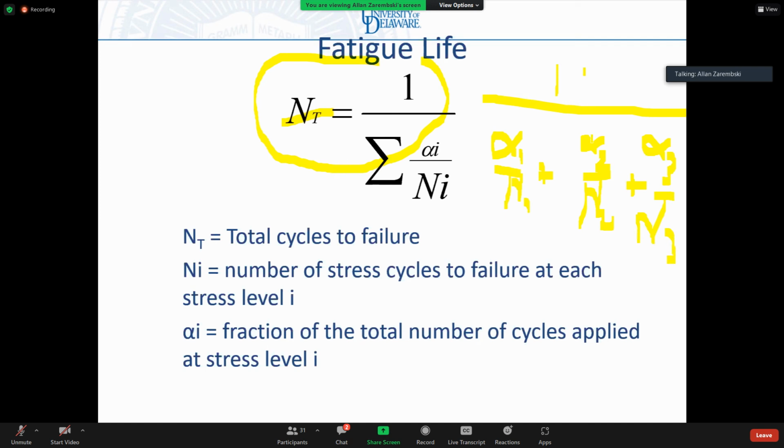Where alpha i is the percentage of cycles at that stress level, and n sub i is the number of cycles to failure at that stress level from the SN diagram.